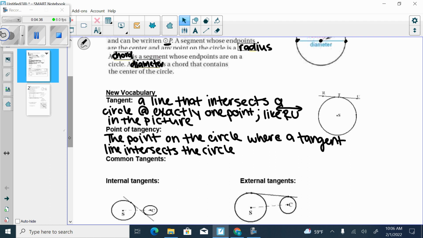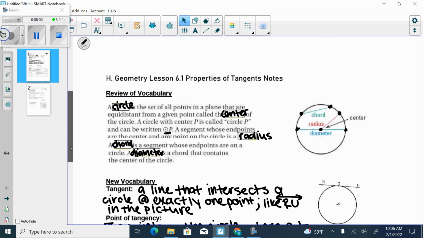Okay, that would be in this figure like point T. Alright, so your tangent is the line that touches the edge of the circle the one time. Your point of tangency is the exact point where it touches. Okay? Right? Then we have common tangents.